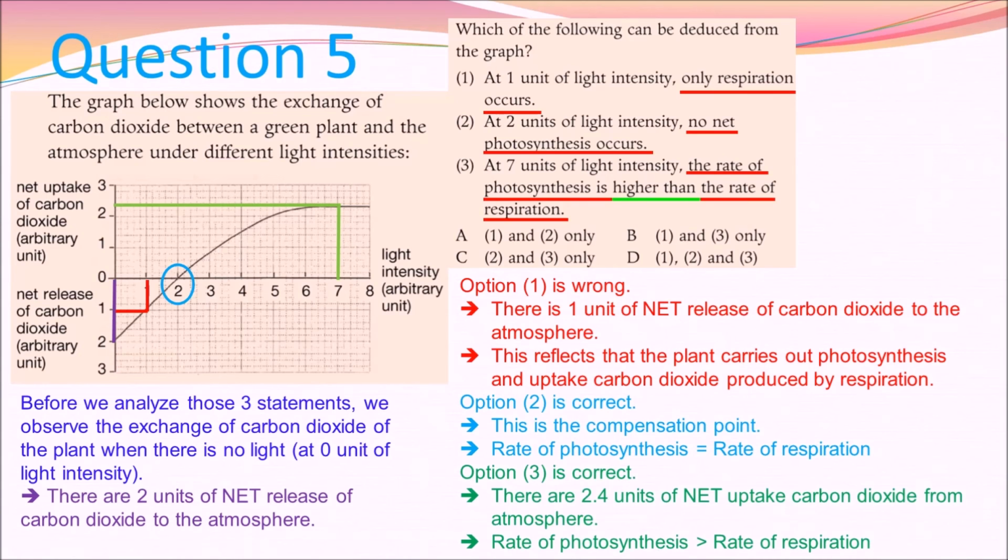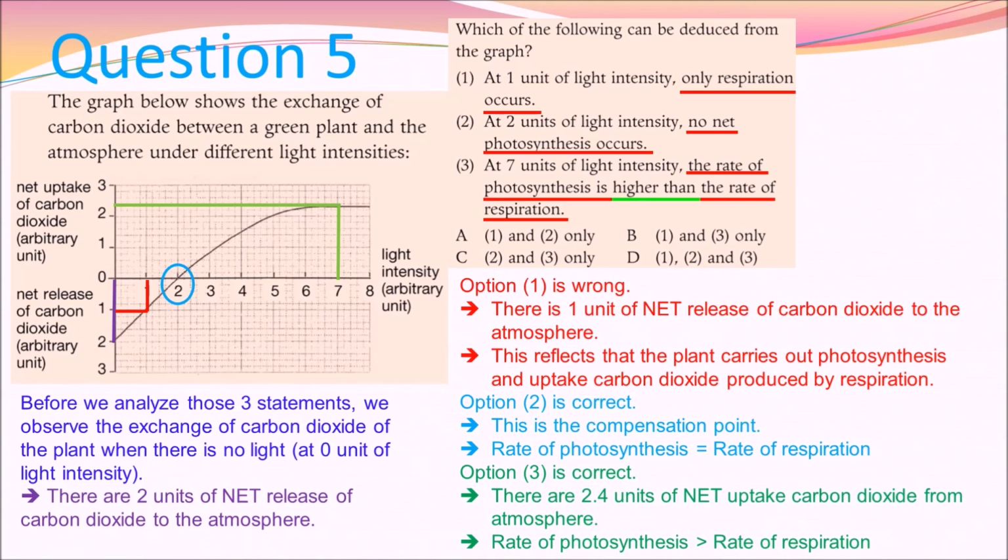And then for option 3, at 7 units of light intensity, the rate of photosynthesis is higher than the rate of respiration. At 7 units of light intensity, we can draw a line and see that there are 2.4 units of net uptake of carbon dioxide from the atmosphere. What does it mean?